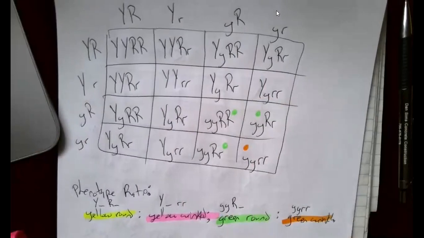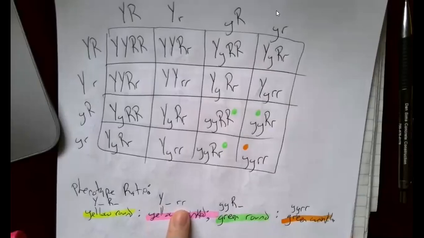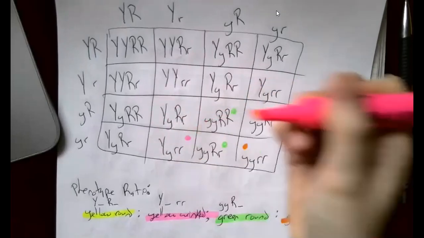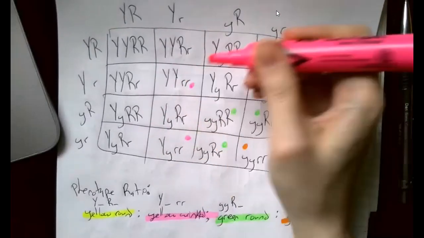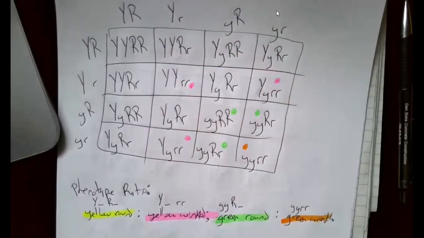And then I will look for my capital Y with lowercase r's. So capital Y, lowercase r's are those 3.